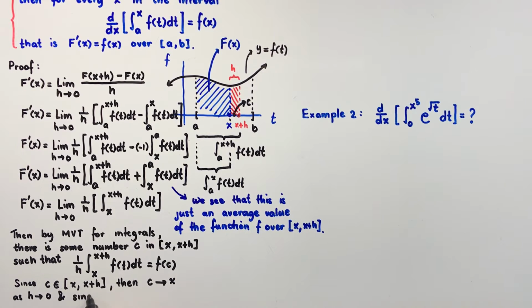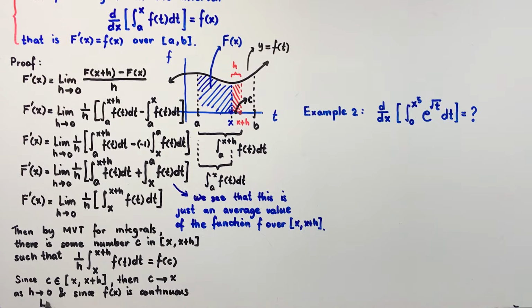And since f of x is continuous, the limit of f of c as h approaches 0 is equal to the limit of f of c as c approaches x. And the limit of this function is just f of x.